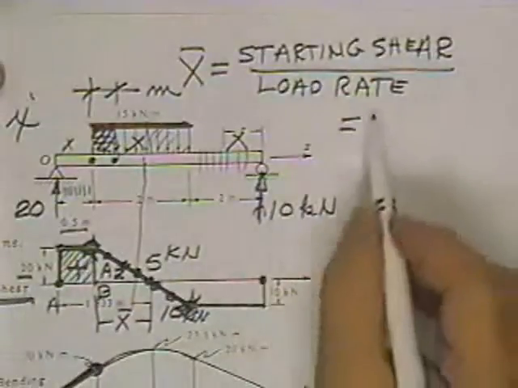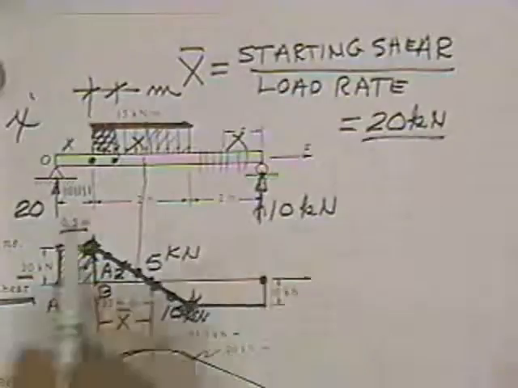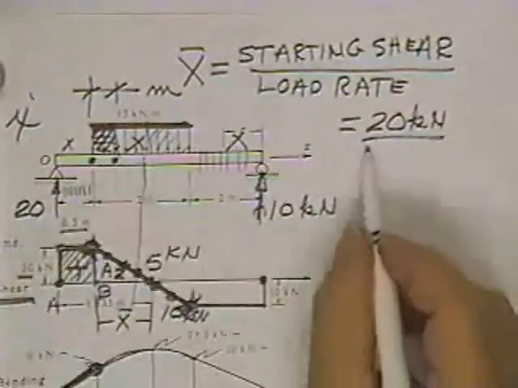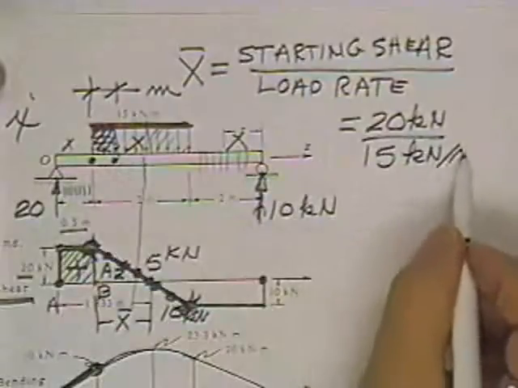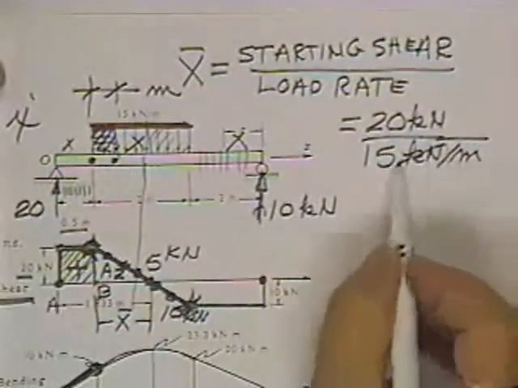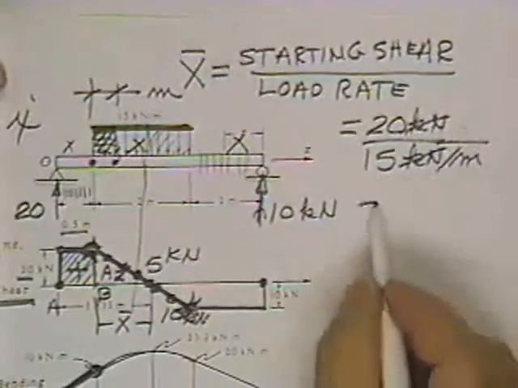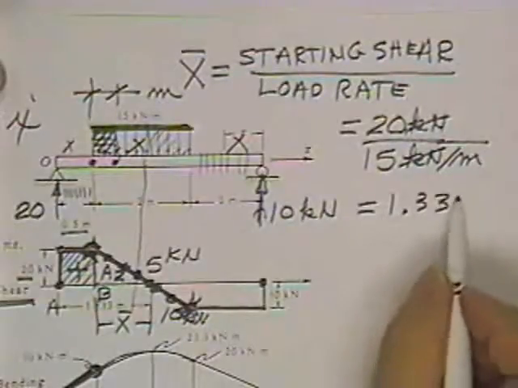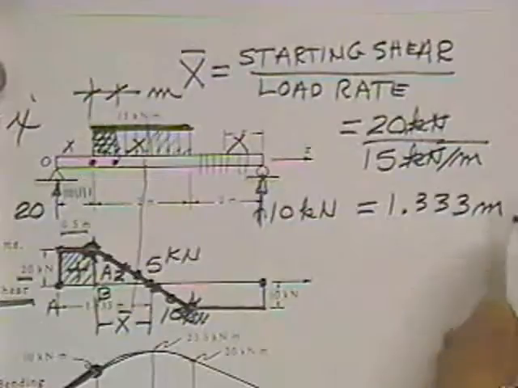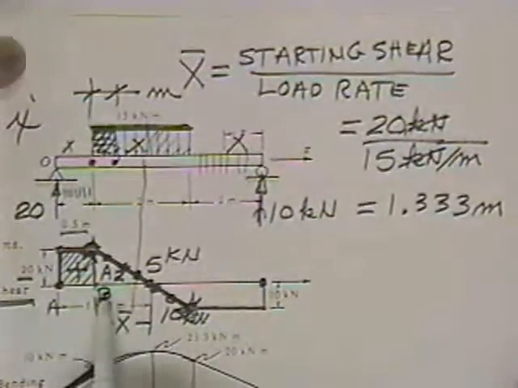That number is 20 kilonewtons. And I divide it by the load rate, which is 15 kilonewtons per meter. Kilonewtons cancels kilonewtons, meter goes upstairs. Even the units are right. That is 1.33 meters. So the base of area 2 is 1.33 meters.